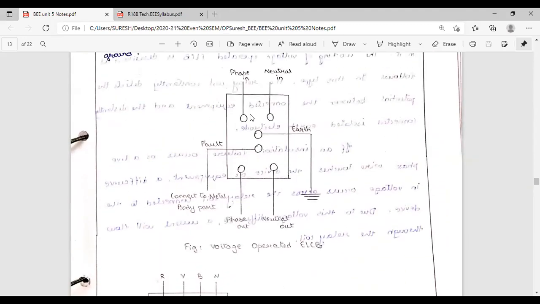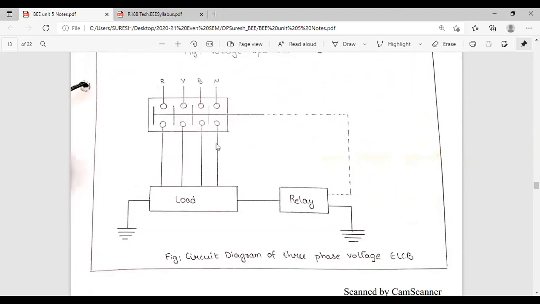Here also, in single phase, these 2, phase and neutral, are the in phase terminals, and these 2 are out phase, connected to the load. These in phase terminals are connected to the 3 phase supply, RYB and neutral. These out phase 3 terminals and neutral are connected to the load.